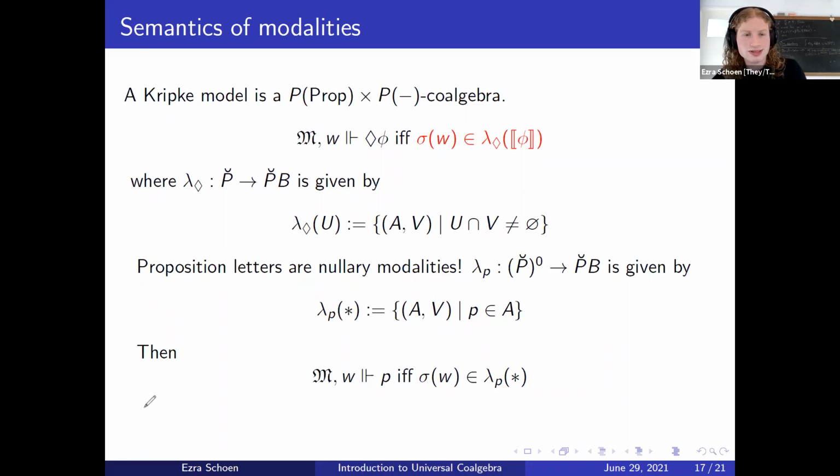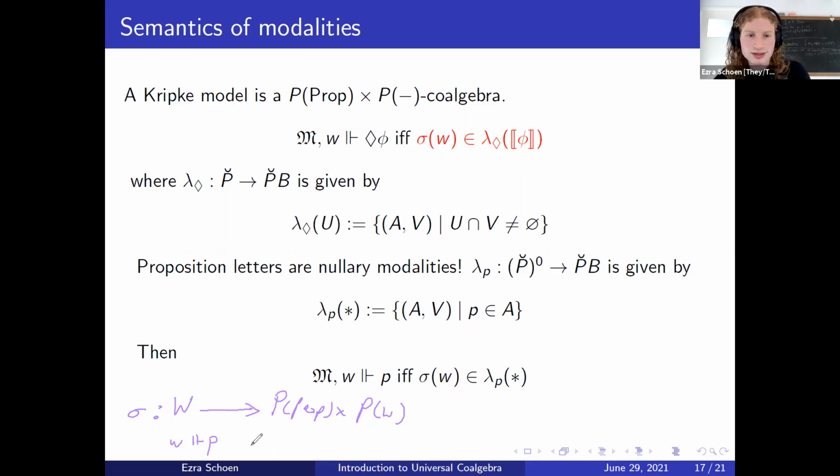So what I want is, I have my sigma, which goes from W to P of prop times P of W. Now I want to give some condition: when does a world W accept the proposition letter P as true?